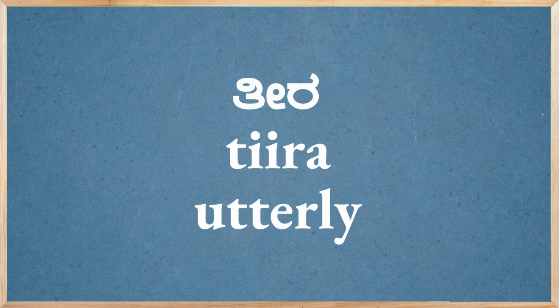Teera, which means utterly. And the list goes on. These words help bring your sentences to life by adding just the right amount of emphasis. So try using this in your daily conversations and feel the magic of Kannada intensifiers.